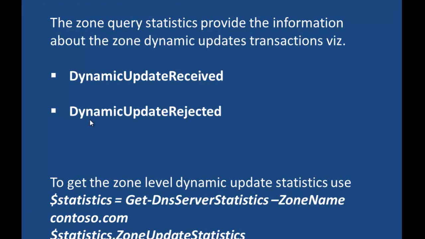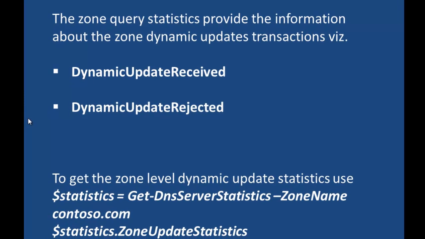Next, we have the zone update statistics. And we have here dynamic updates received and dynamic updates rejected. The dynamic update received will be the total number of dynamic update requests received by the DNS server. The dynamic update rejected will be the total number of dynamic updates rejected by the DNS server.